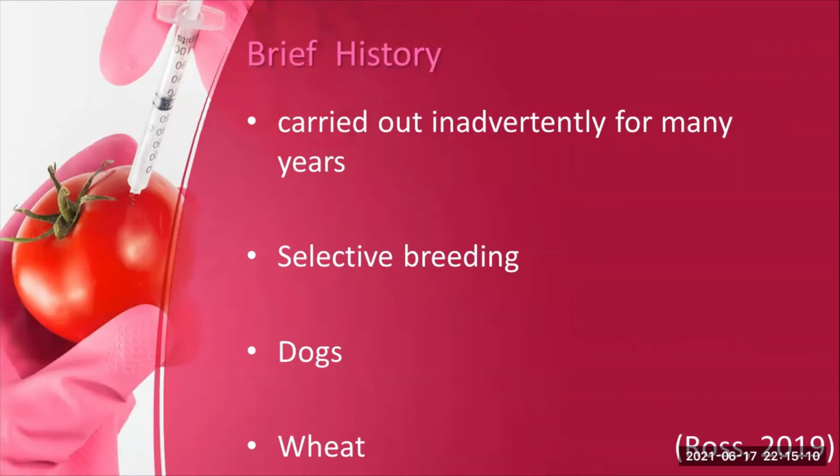Now, a brief history on genetic modification is that it was carried out inadvertently, or by accident, in the olden days. Coming back to our corn example, the corn we know today would not exist without what is known as selective breeding, which is a type of genetic modification. There was a grass by the name of teosinte, which had very small kernels.